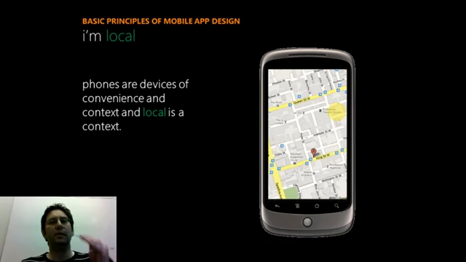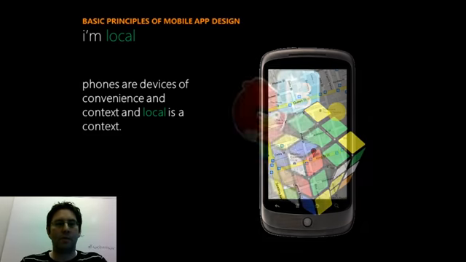Now this one's a little bit different than the microtasking one, and it's a little bit different than the bored one, which we'll talk about in a second as well, because you're dealing with situations where not every single application will have a scenario where using the GPS makes sense. So just bear that in mind, and we'll move on to the next one.